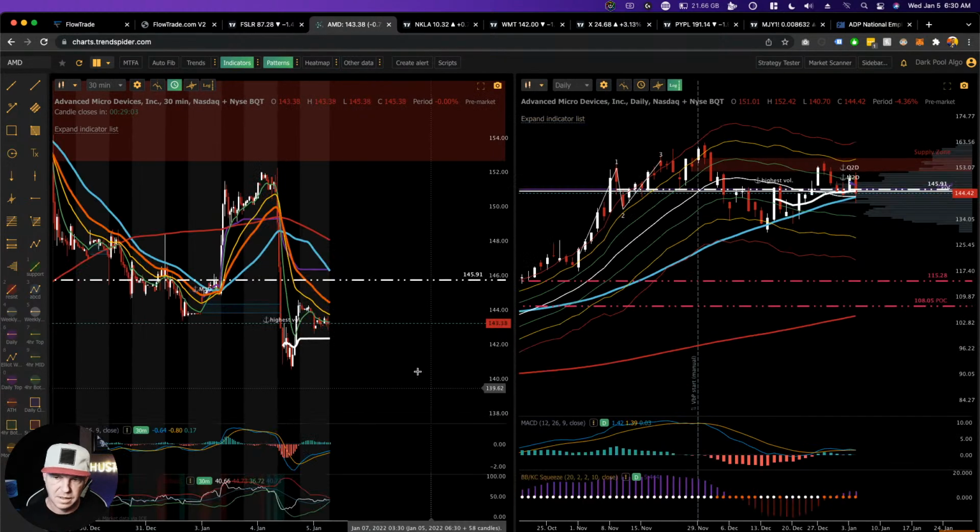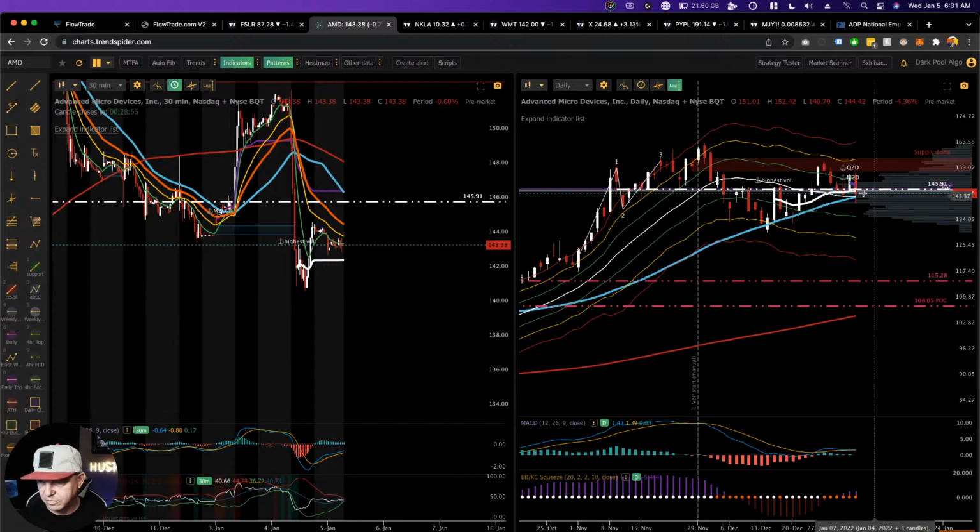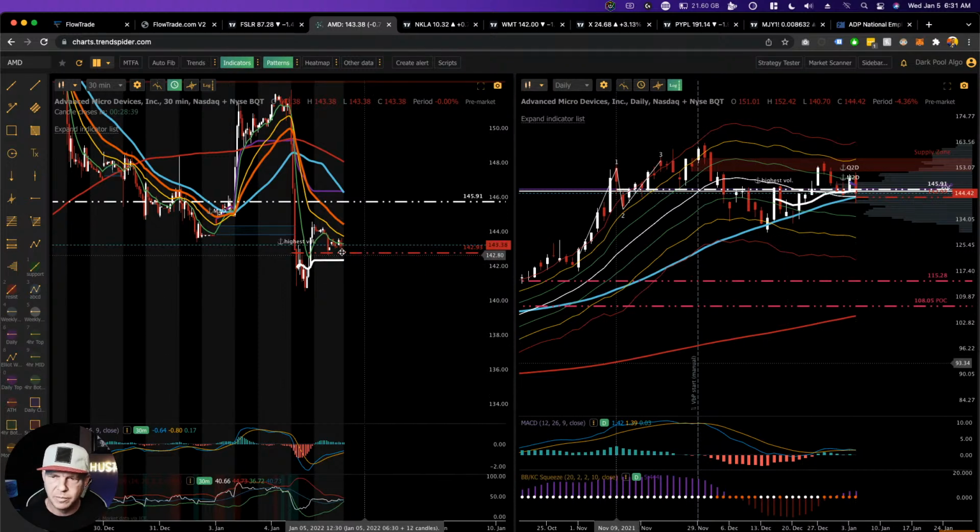That was a nasty move yesterday. So negatively stacked moving averages, 1, 2, 3, move, downside move, possibly. It pulled right back to the 21. Got the 21 at 143.19, which is right where it's at right now. So we have the 200 SMA, the 50 SMA, and 21 EMA on the daily right there where it's at.